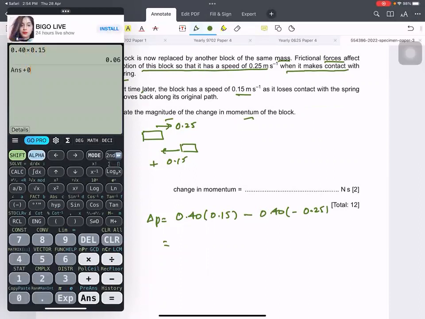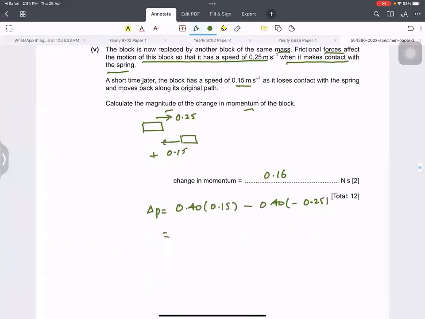So this will be 0.16 really. Yes, that's fine. If you have any questions, please let me know. I just want to tell you that you have to look at the direction, okay? So that's very, very important.